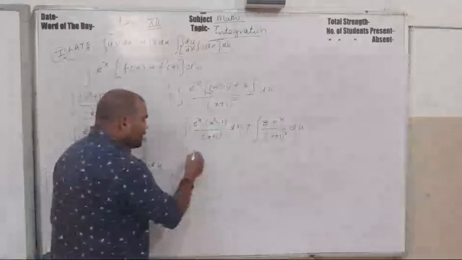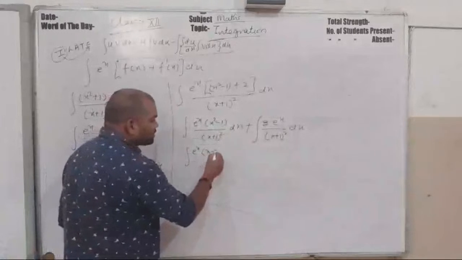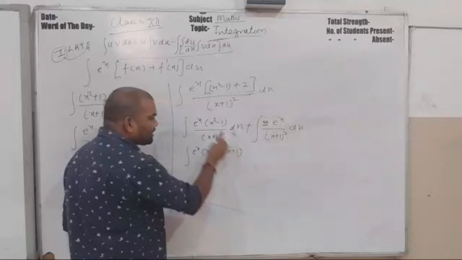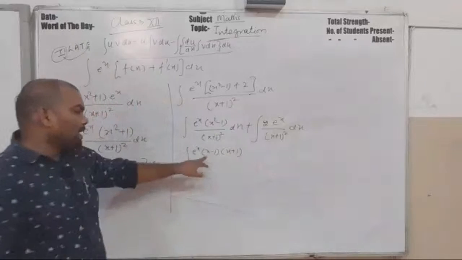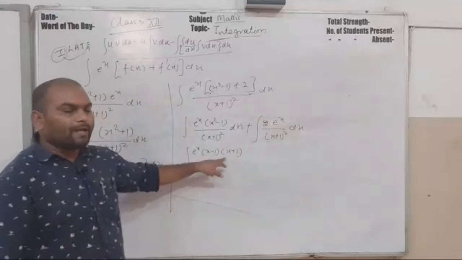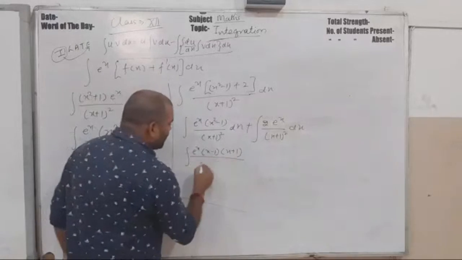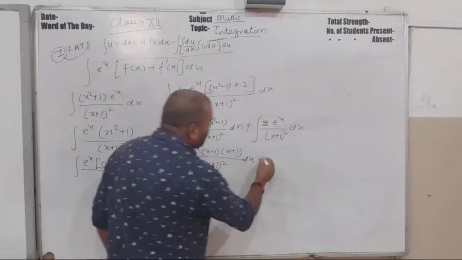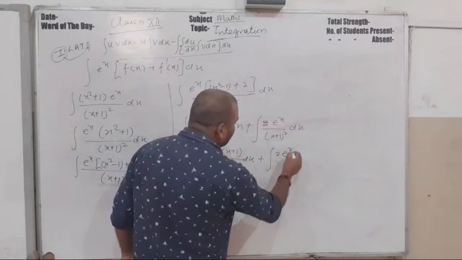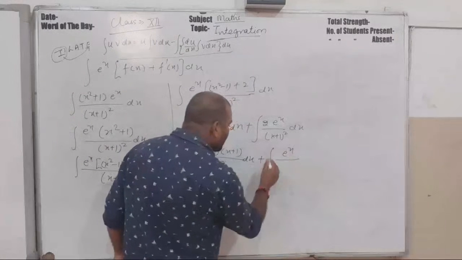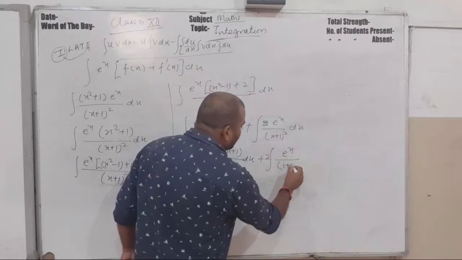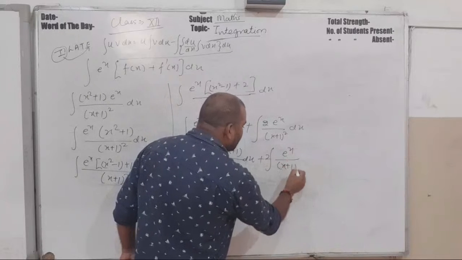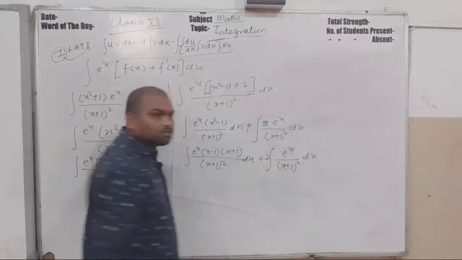Clear? Now we will break this e to the power x, this becomes (x minus 1) into (x plus 1), that is a square minus b square, can be written as a plus b and a minus b, upon square of x plus 1 dx, plus 2 times, this 2 can be taken out, e to the power x upon square of x plus 1 dx.